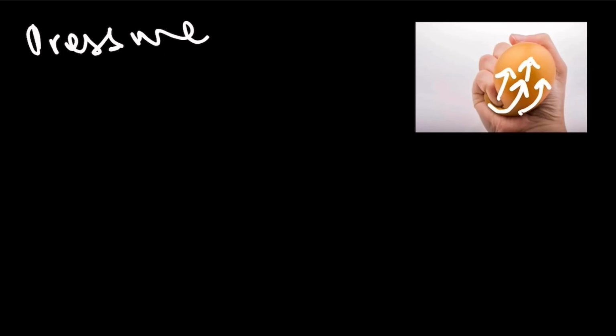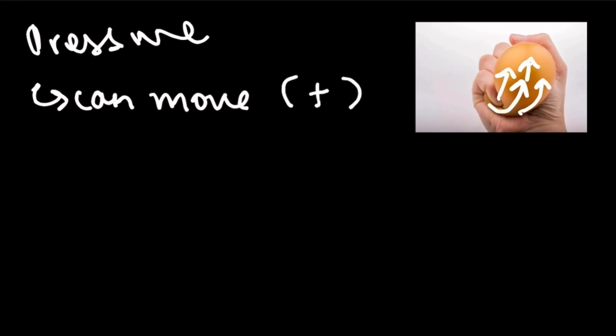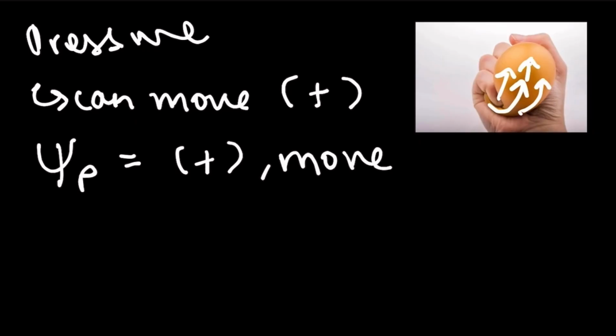That means when you put pressure, water can move. If water is able to move, it is bringing something positive. So the pressure potential will always be positive, because it can make the water move from one place to another.